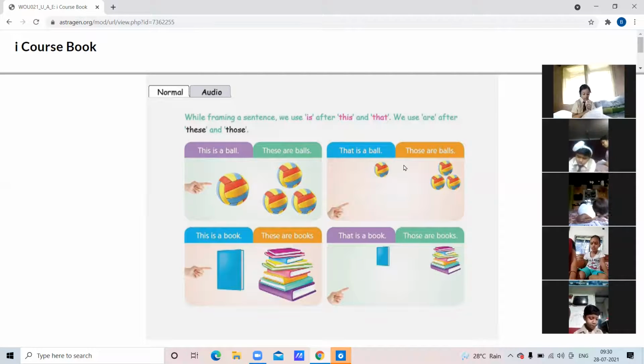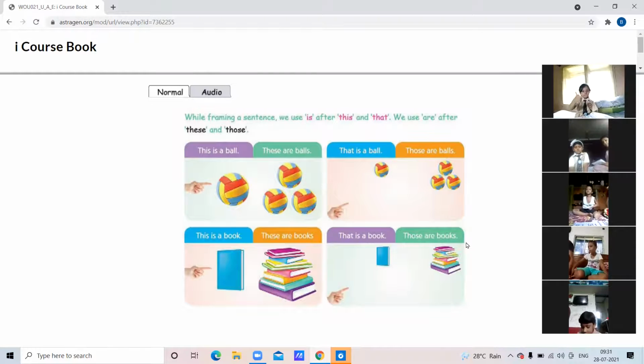These are balls. Those are balls. This is a book. These are books, which are near to us. We will say these. Okay. That is a book. Those are books. This is a rose. Okay, very good.